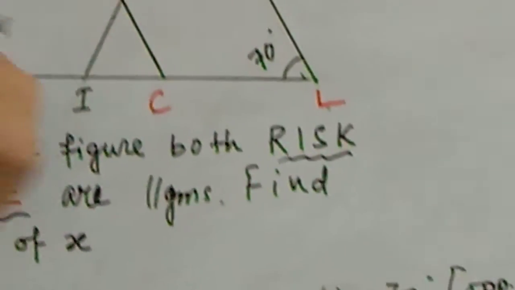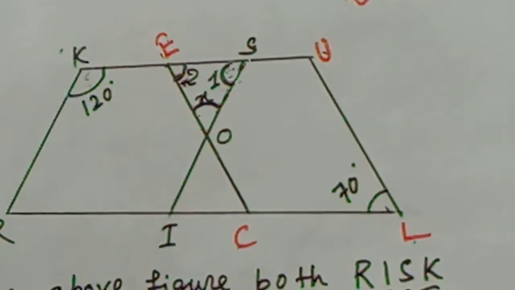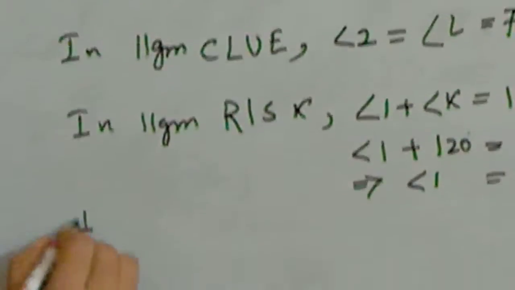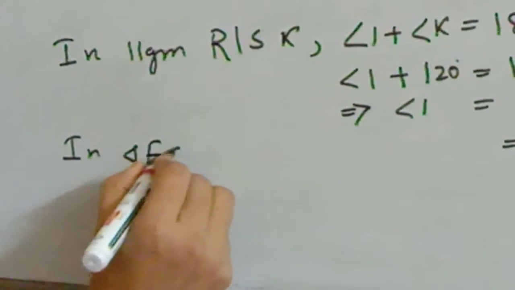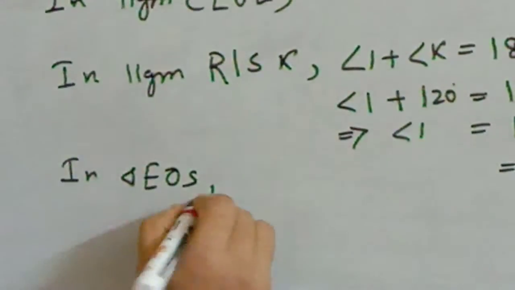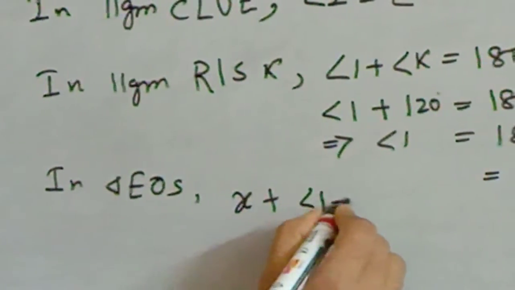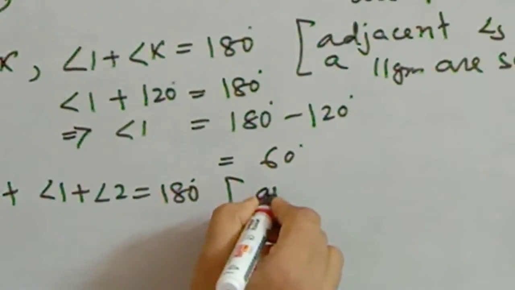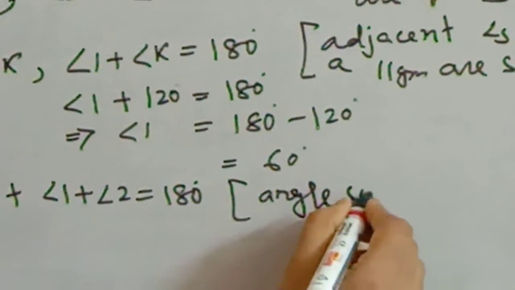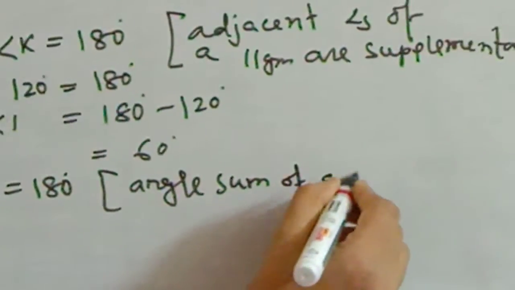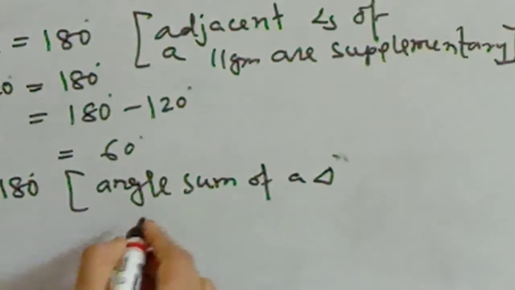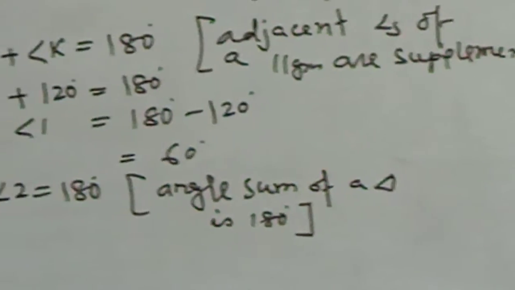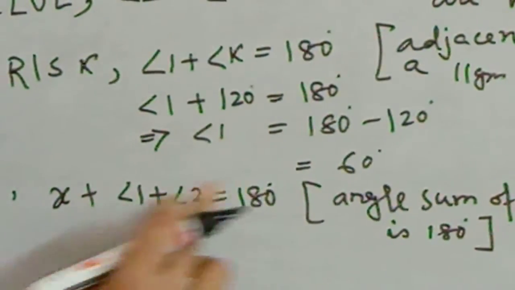Now in this triangle, I give the name of this triangle EOS. In triangle EOS, angle x plus angle 1 plus angle 2 is equal to 180 degrees. Reason: angle sum of a triangle is 180 degrees. Therefore, you know the value of angle 1 now, it is 60 degrees.